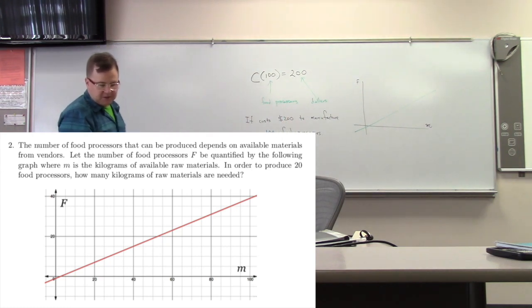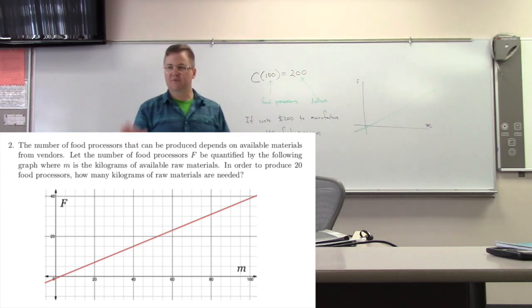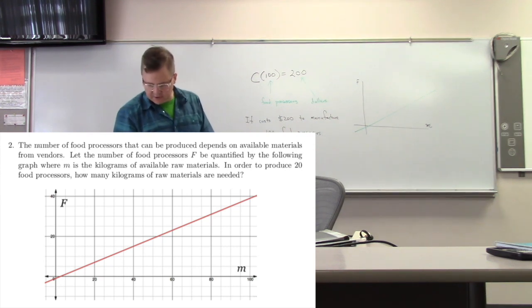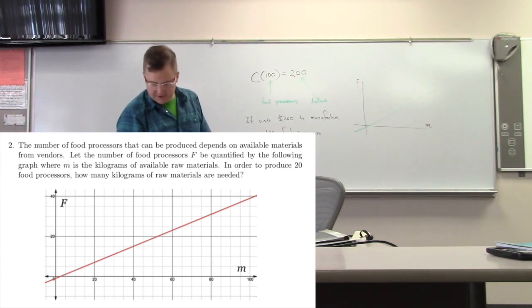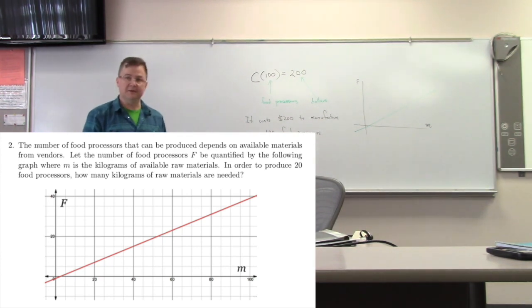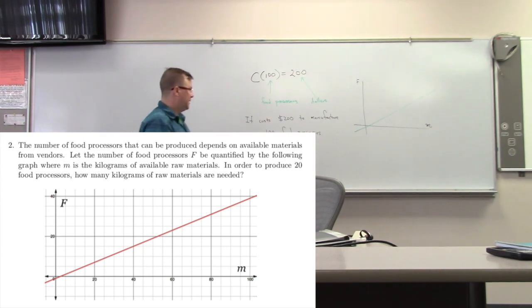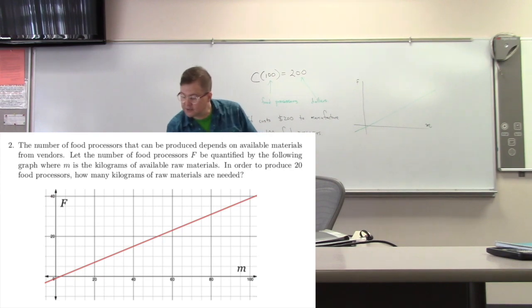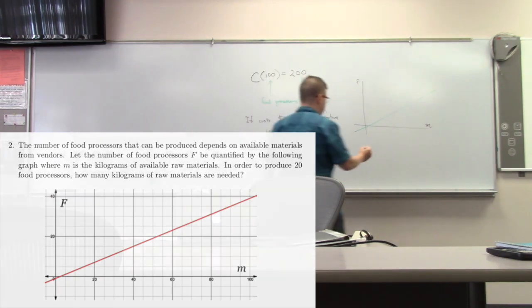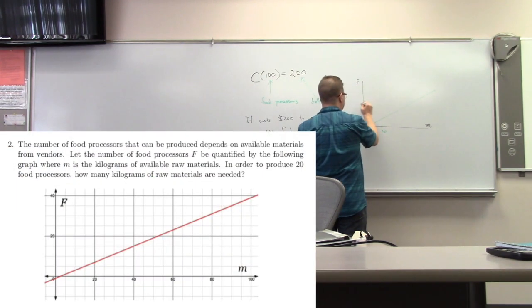But if you read the sentence, the key phrase you want to zero in on is, it says, in order to produce 20 food processors, how many kilograms of raw materials are needed? So if you're looking at the graph, you can see there's a 20 right here and a 20 right there.